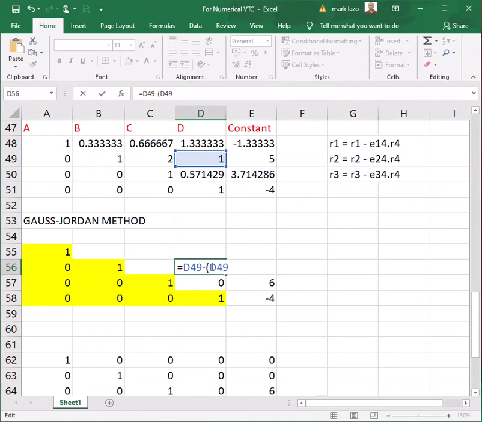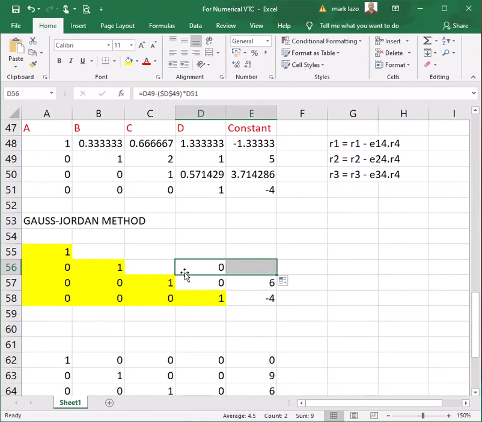Again, I will put a $ sign since this element will be used as a constant in applying the equation to the entire row, times the element in row 4, that is 1. Then the value is 0. And since I need to apply this to all the elements, I could drag to the left, and I could also drag to the right. There you have it.